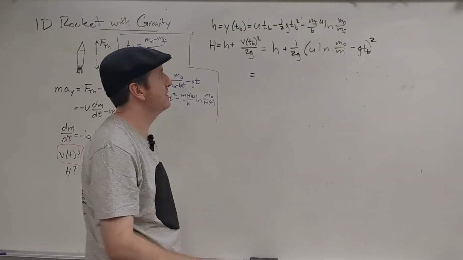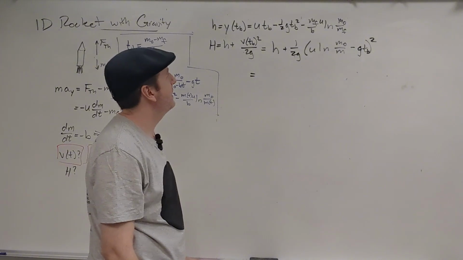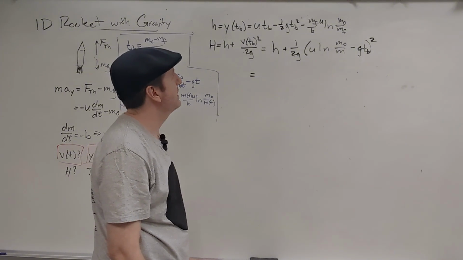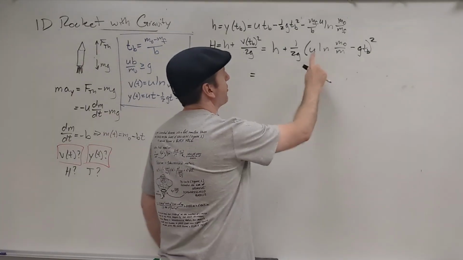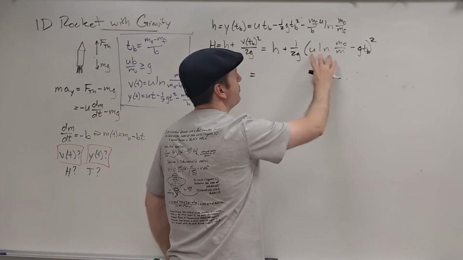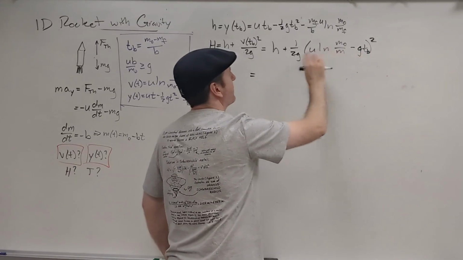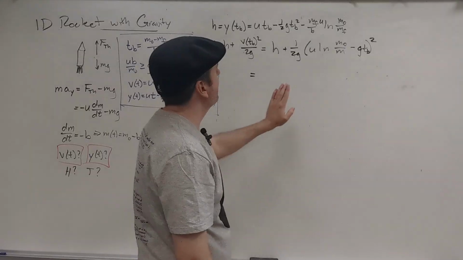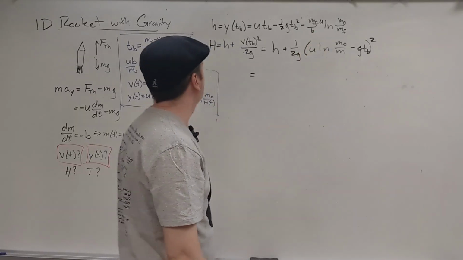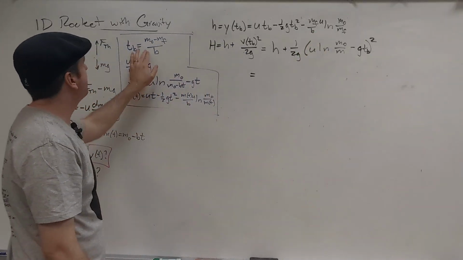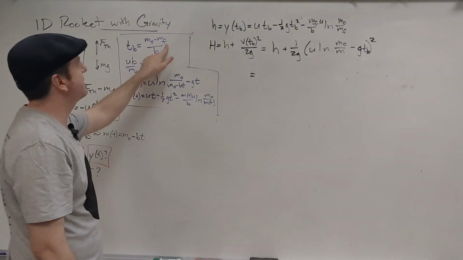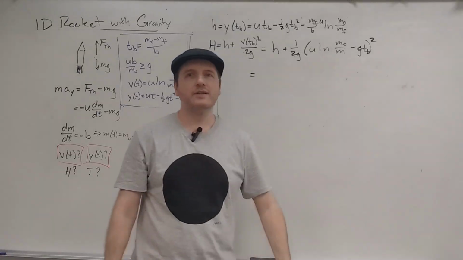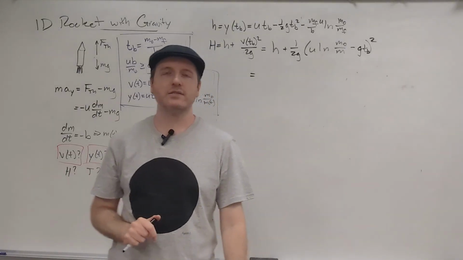So that's one simplification. What else might happen? Let's see. When I cross multiply here, I'll get a u log stuff times this t burnout over g. And then up here, when I plug in my t burnout, there will be a term that also has this final mass in it. At any rate, the algebra is a little annoying. It doesn't simplify terribly.